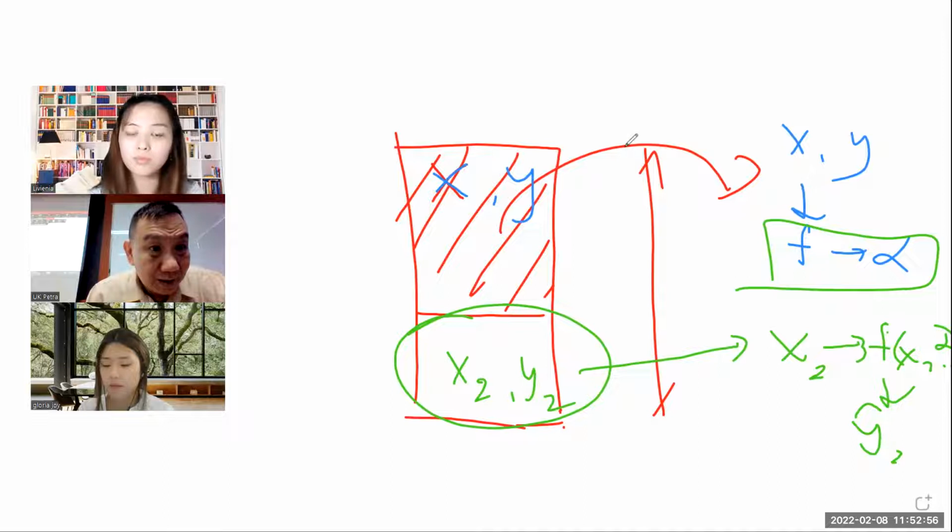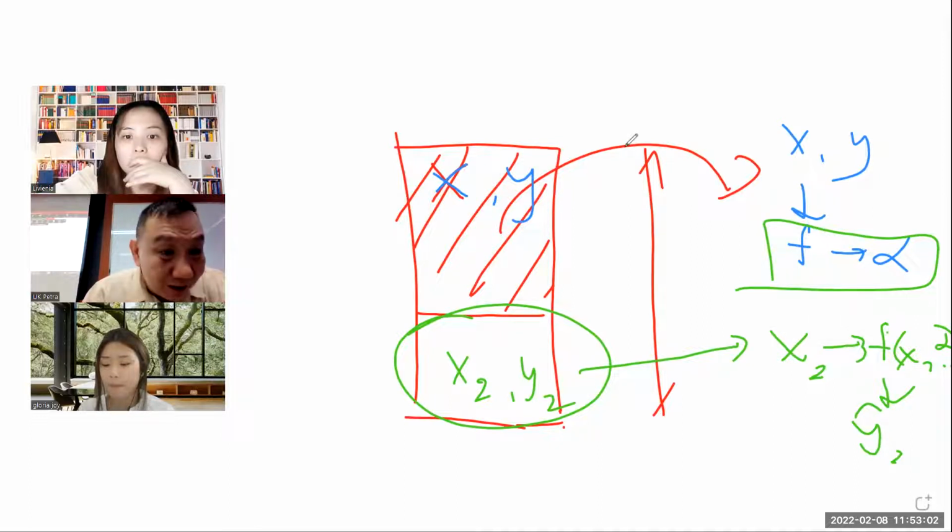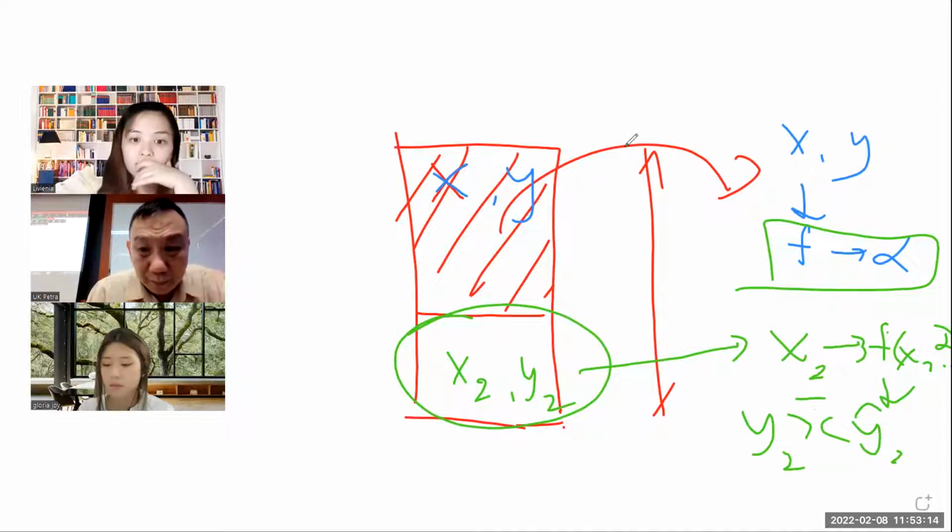That is the prediction. In validation, you do a prediction. And then you compare it with the original Y2: larger, smaller, or equal? If mostly equal, then the model is valid.